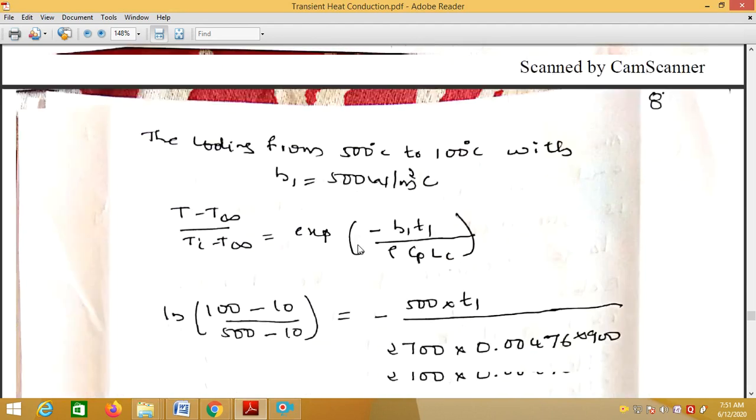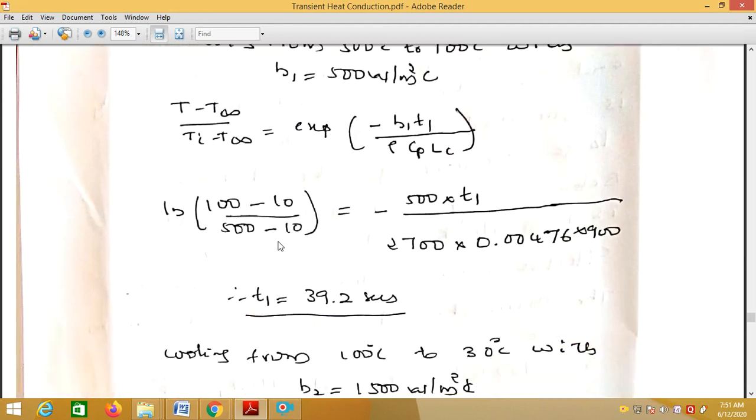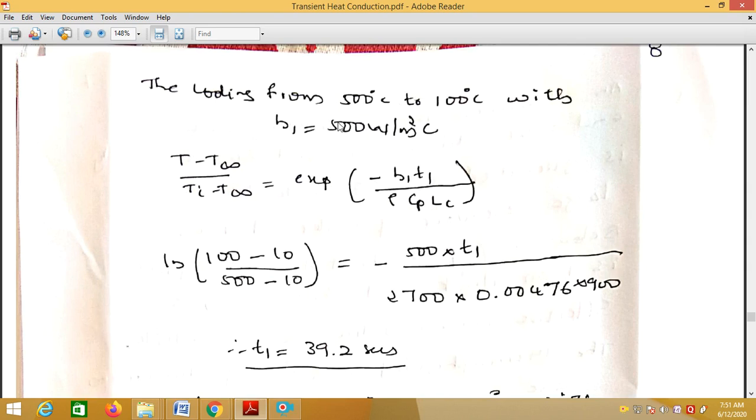It is done in two steps. With these values, for this step take h as 500 watt per meter square Kelvin. Solve this problem for cooling the hollow tube from 500 to 100 degrees centigrade.